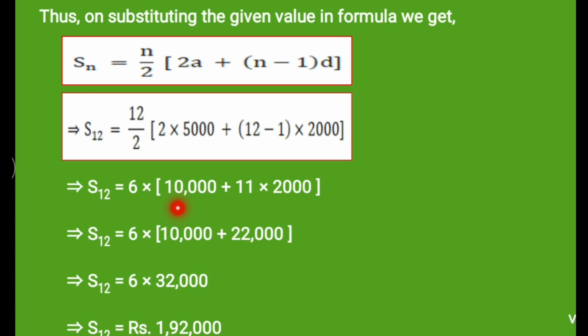So we get here 10,000 plus 11 into 2,000, which is 22,000. So we add these two, 10,000 plus 22,000, so we get 32,000, and this 6 as it is. Now multiply 32,000 by 6, we get 1,92,000. So this will be the total investment in 12 years.